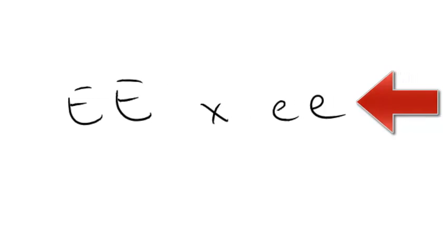If you were to set up the problem using your Punnett squares to get your expected values for this data set, you would indicate that you're dealing with a homozygous dominant individual being crossed with a homozygous recessive individual.